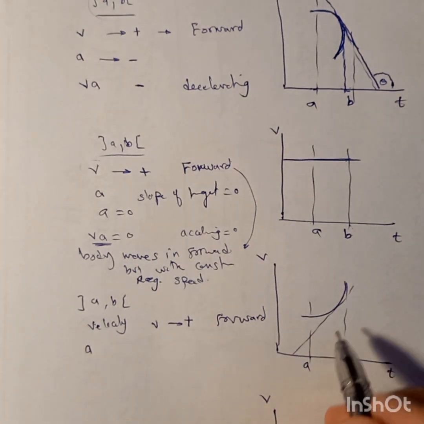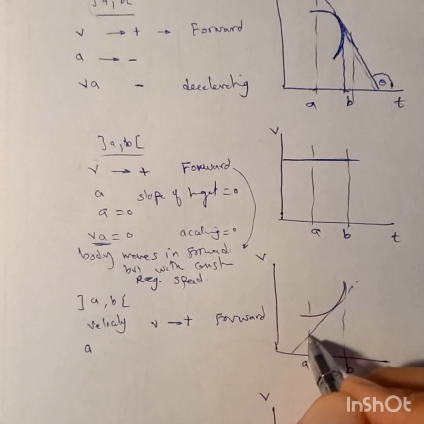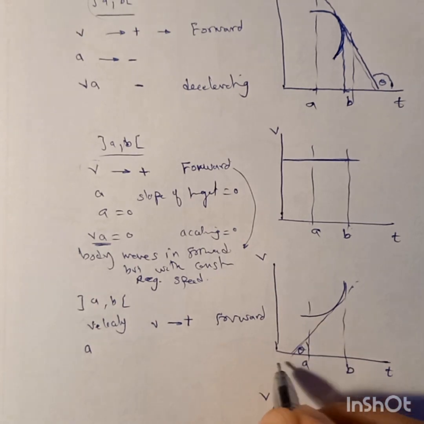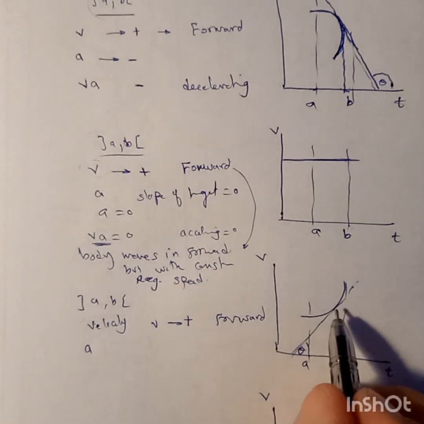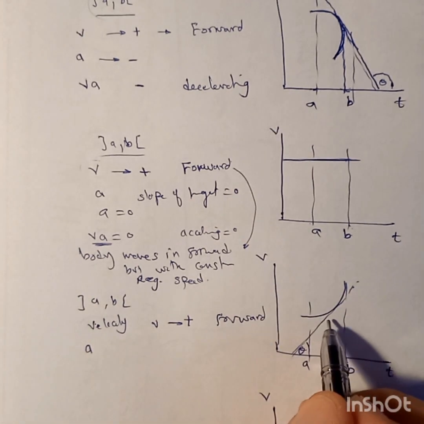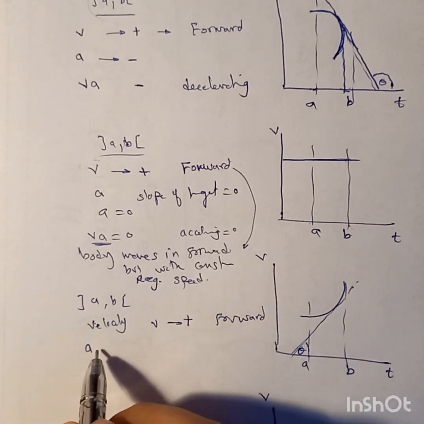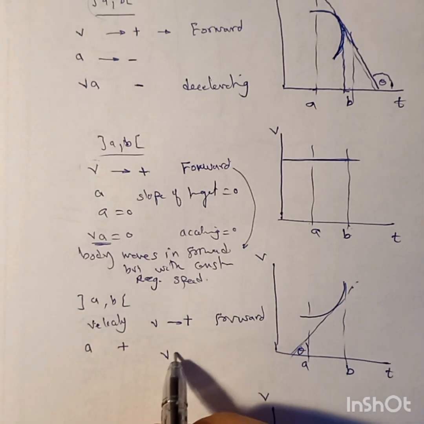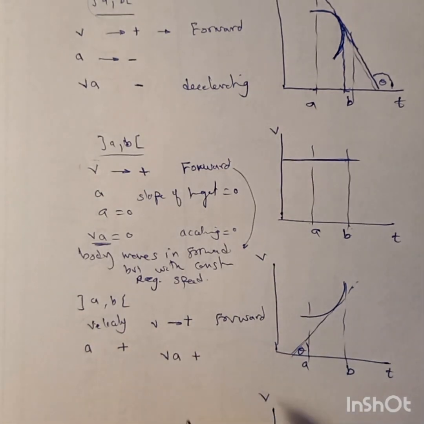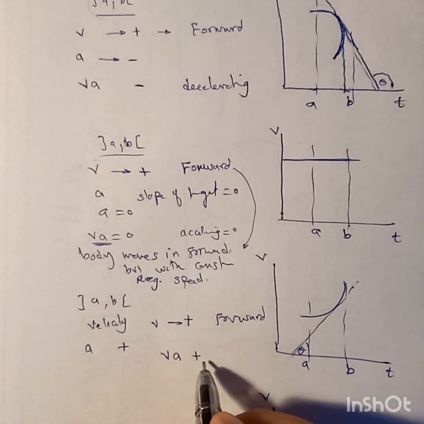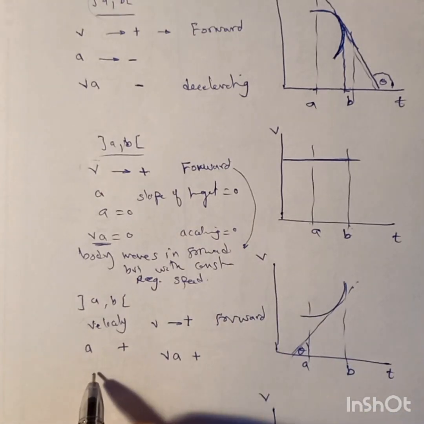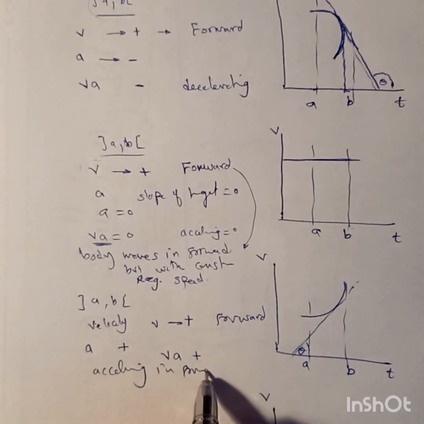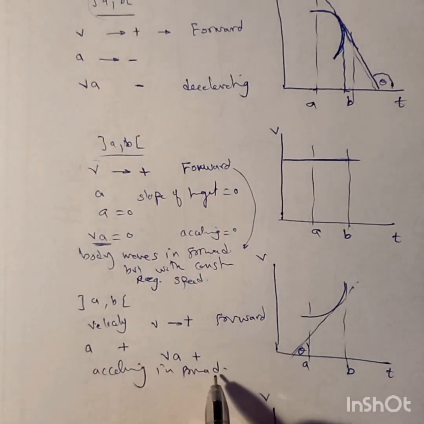Acceleration during a and b is represented by the slope of the tangent during this time interval. Here the tangent makes an acute angle with the horizontal axis, so the slope of the tangent and the acceleration as well is positive. Then if we multiply v and a, we find v is positive, so the motion is accelerating in the forward direction.